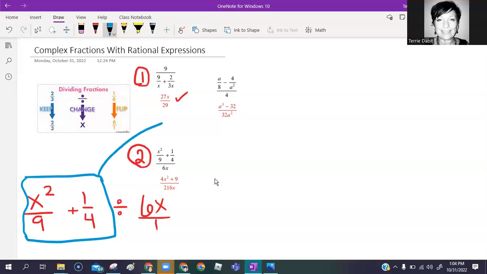So let's head over to our scrap paper and put those together. X squared over 9 plus 1/4.